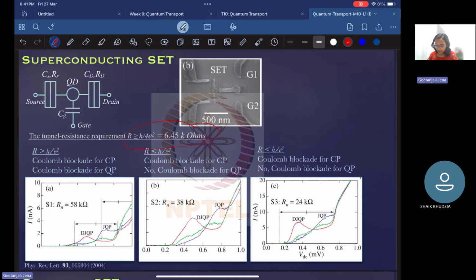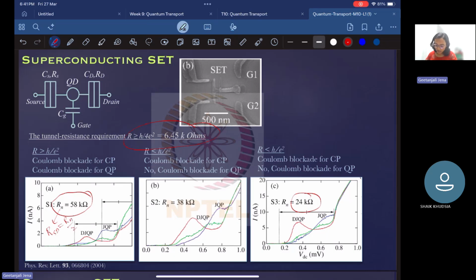So let's say you have a total resistance which is varying from 58 to 24 kilo ohm. So that means this is the total resistance. And if you assume that the resistance between the quantum dot and the drain, and also the quantum dot and the source, are equal, then the resistance of each tunnel junction is half of this total resistance.